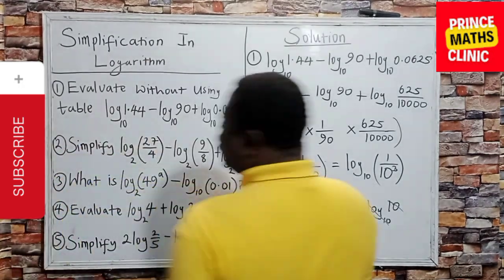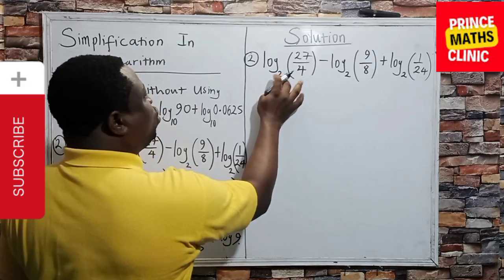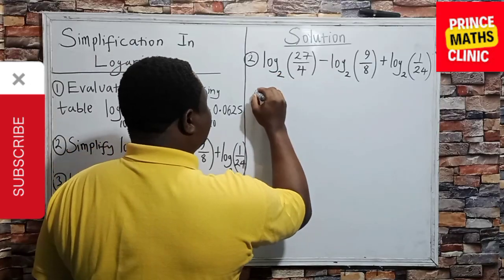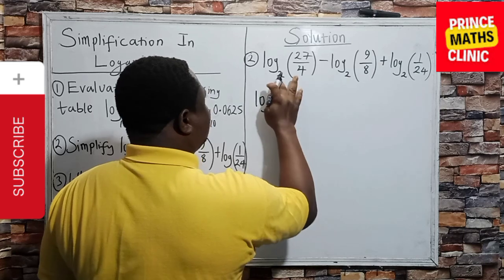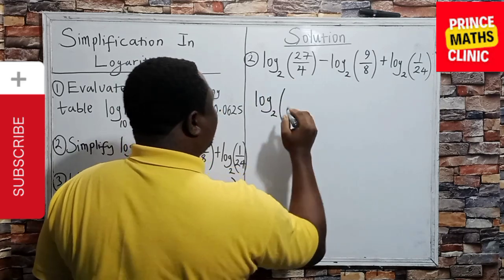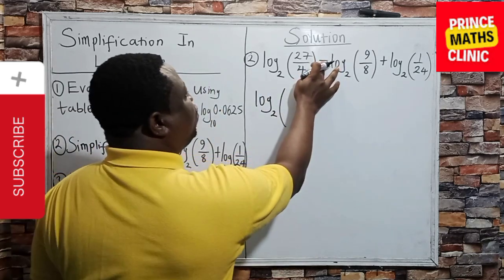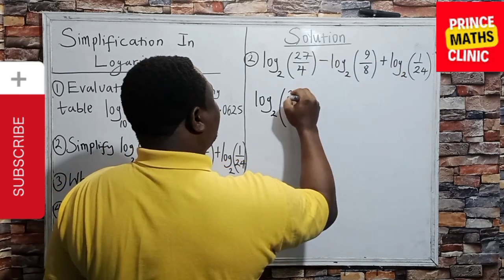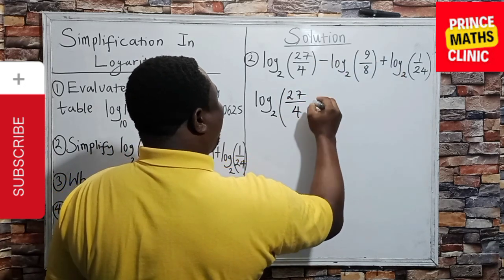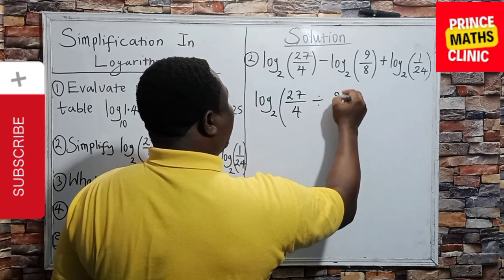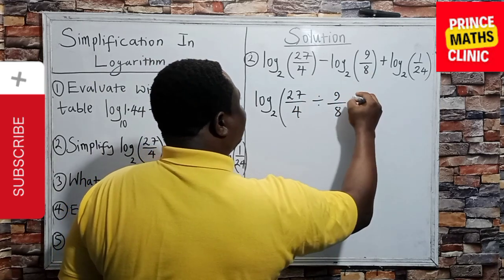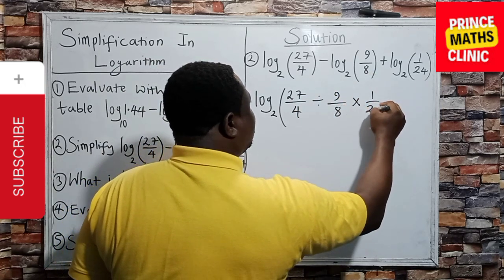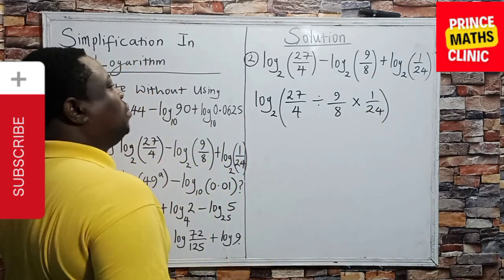Let's look at the second question. Since log 2 is common to all, we interpret the operations: this becomes division, this becomes multiplication. This becomes 27 over 4 divided by 9 over 8, then times 1 over 24.